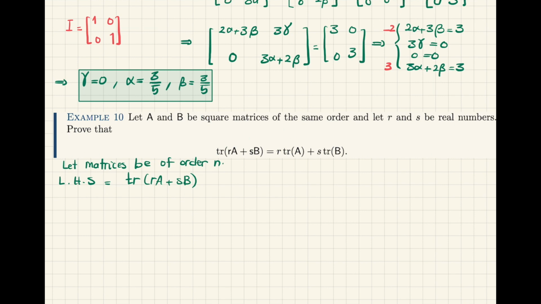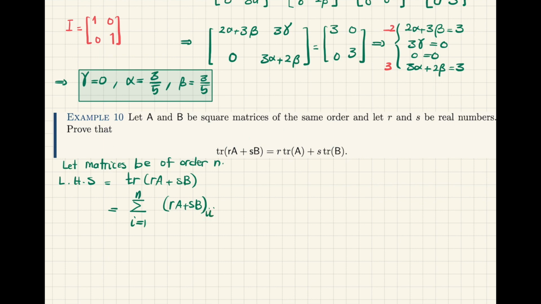Okay, then this trace becomes equal to the sigma of R times A plus S times B, i goes from 1 to n. I hope that you are now familiar with this way of writing. Yes, why do I write i? Because I am adding the elements on the main diagonal, and the elements on the main diagonal have the same indices for row index and column index.